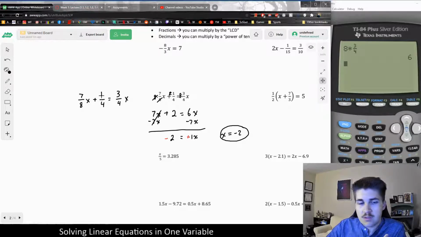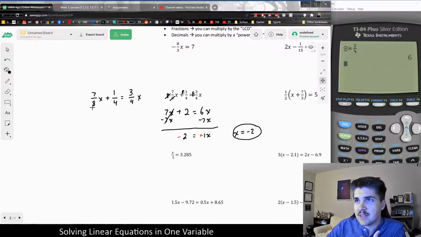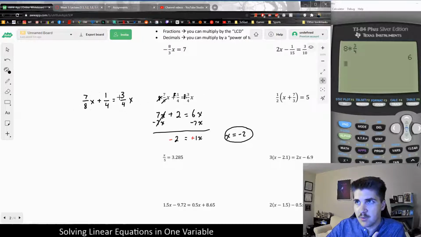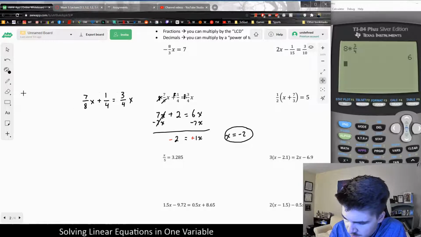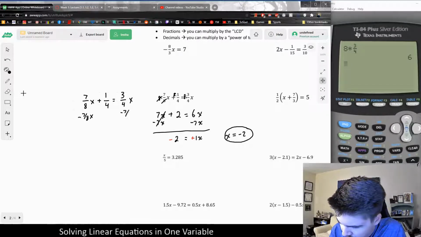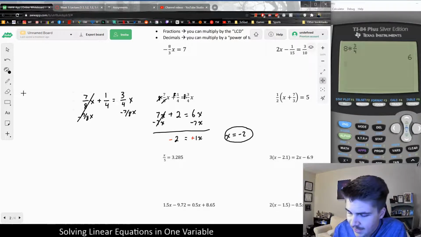You can just do the normal method. I have 7/8 x on the left-hand side and 3/4 x on the right-hand side, and I have a numerical term all by itself. So instead, I could just subtract 7/8 x from both sides of the equation, because 7/8 x minus 7/8 x will make 0x. And that will leave me with just 1/4.